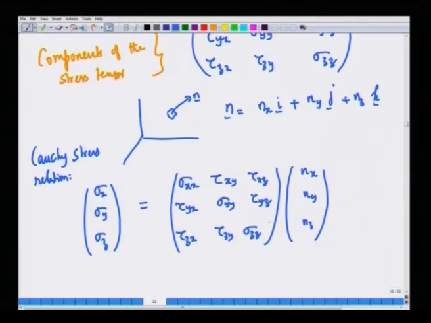You take the stress tensor, write down the components as a 3 by 3 matrix, and do a matrix multiplication with the 3 components of the unit vector. So, if you tell me the orientation of the vector, and also the state of the stress in the system by telling the components of the stress tensor with respect to a Cartesian coordinate system, then I can tell you the stress at any arbitrary orientation.